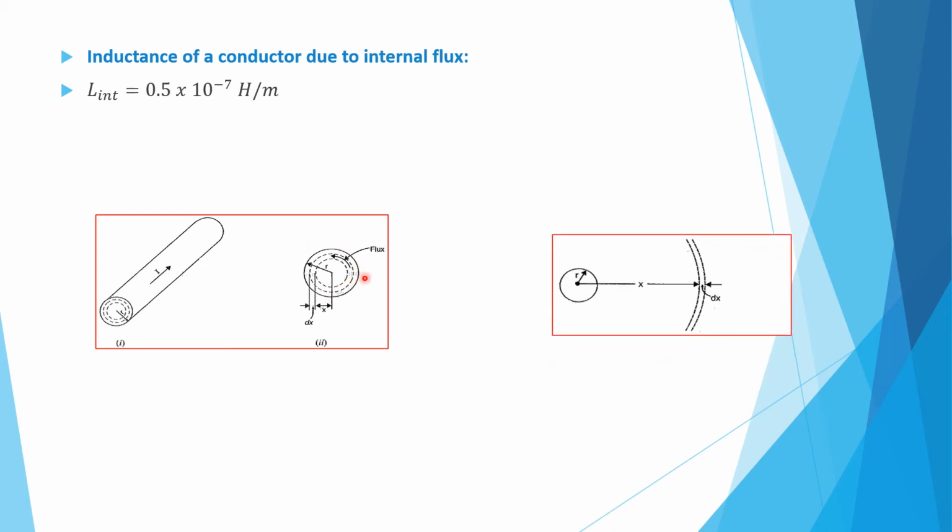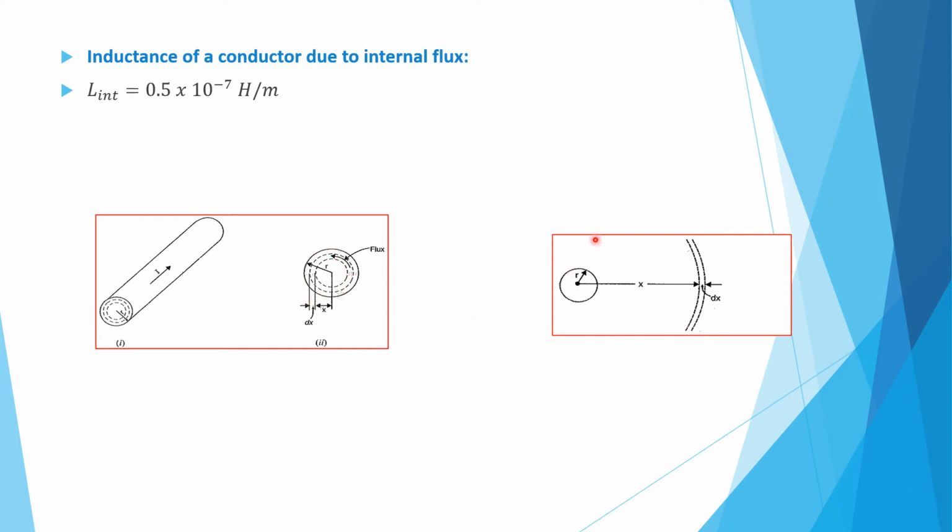Now let us see the flux linkages due to external flux. So now this conductor carries current in one direction, and the same conductor we can imagine here, and now the flux is set up around the conductor, which is in the air now. In the previous case the flux was inside the conductor.